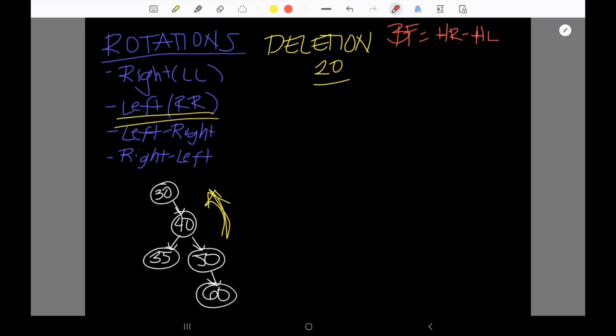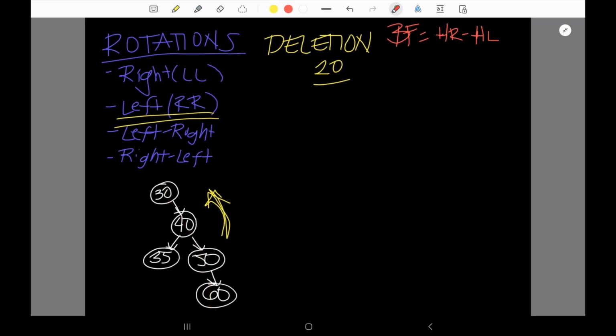So 60, 0, okay. 50, right, so 1, okay. How about 35, 0, okay. 40, 1, 1, 2. So 2 minus 1 equals 1. So that's okay. How about 30? Obviously not, I mentioned that earlier. So for 30, we're going to rotate it to the left.